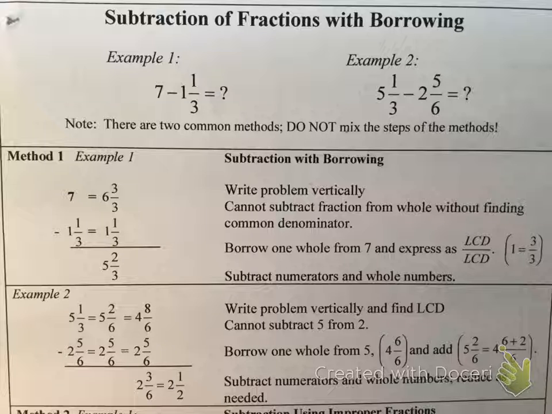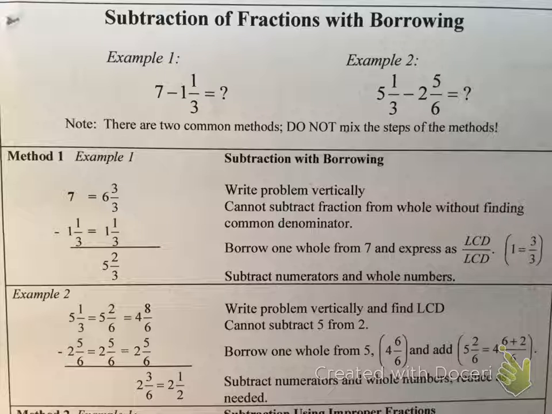So let's get started. This particular page comes within your packet. The second packet is called Subtraction of Fractions with Borrowing. There's two examples. Example 1 is 7 minus 1 1/3. That's 7 as a whole number minus 1 1/3 as a mixed number.